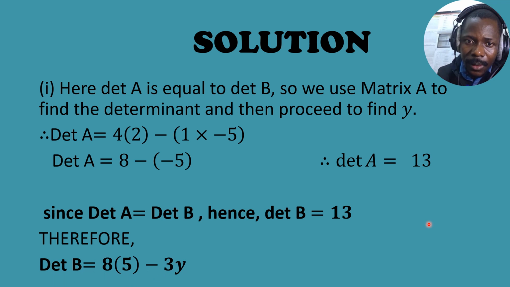Okay, that's great. So therefore, det B is equal to 8 multiplied by 5, these are elements in the major diagonal for matrix B, minus 3 multiplied by y. So we proceed as follows. So this one continues.